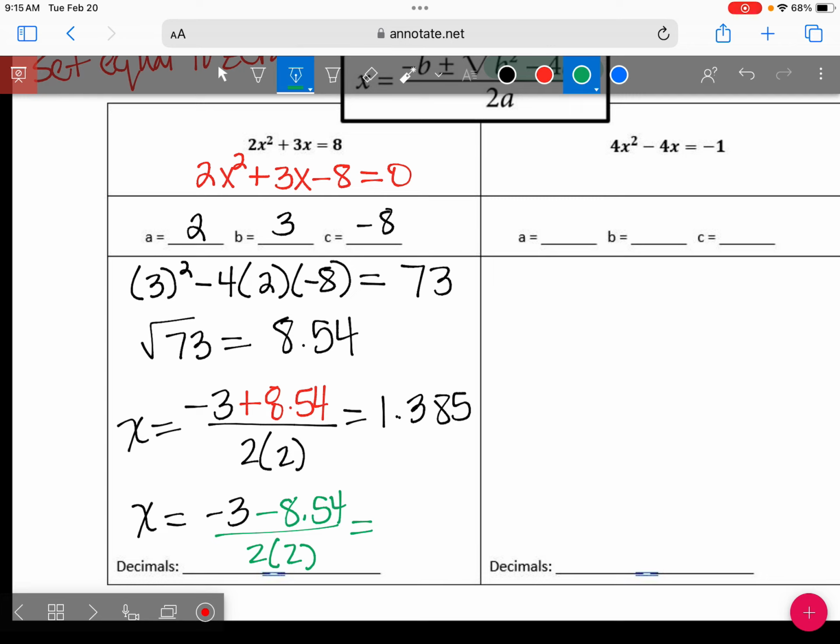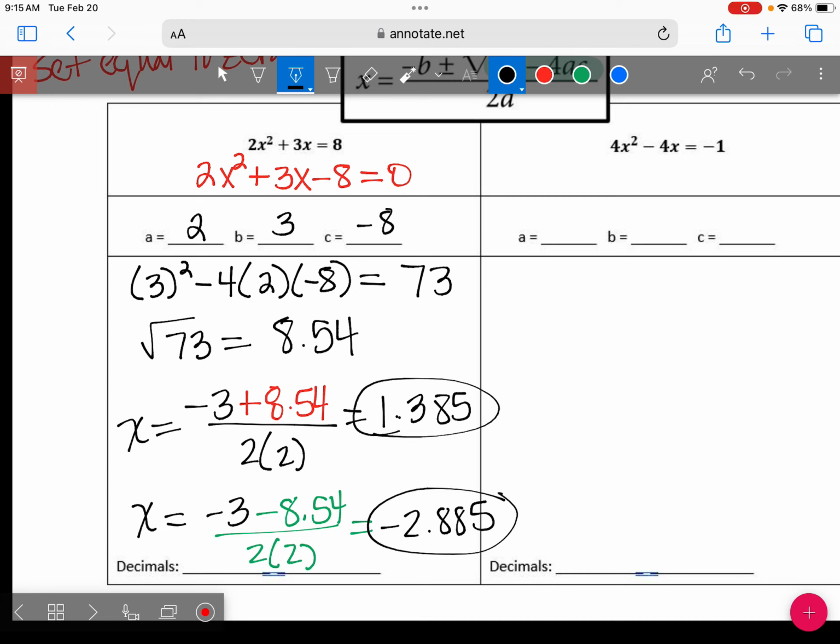So negative 3, sorry, minus 8.54 divided by 4. All right, who got negative 2.885? All right, and that would be your two answers.